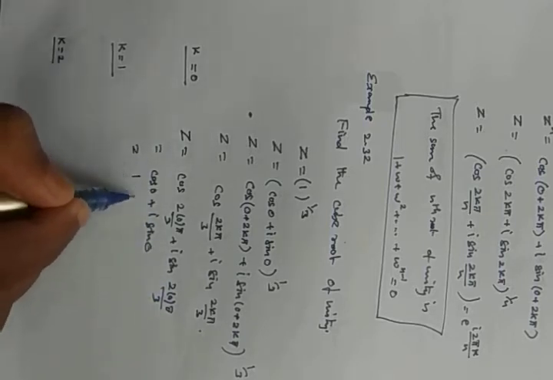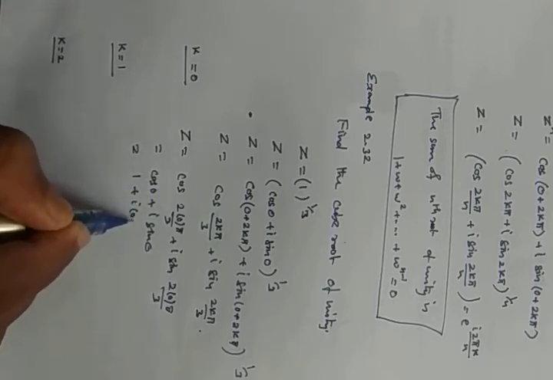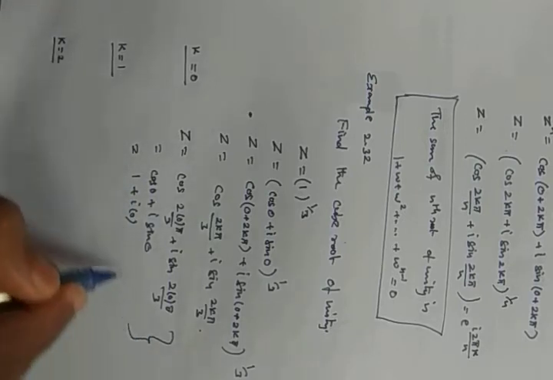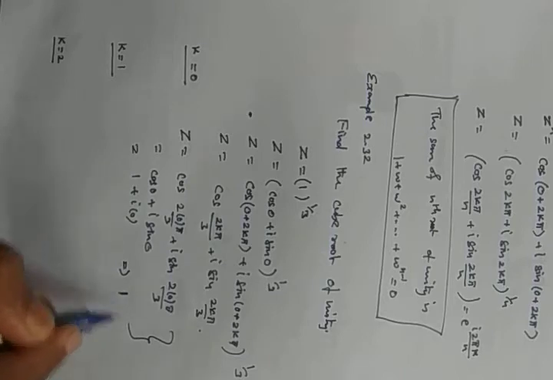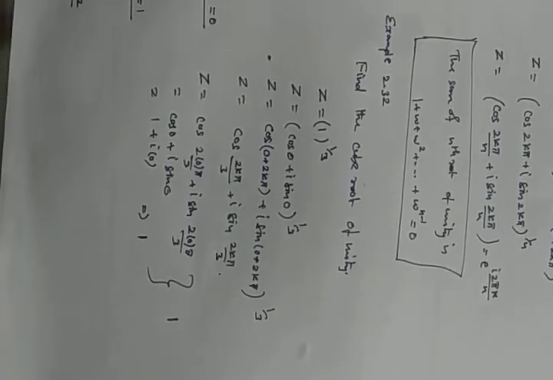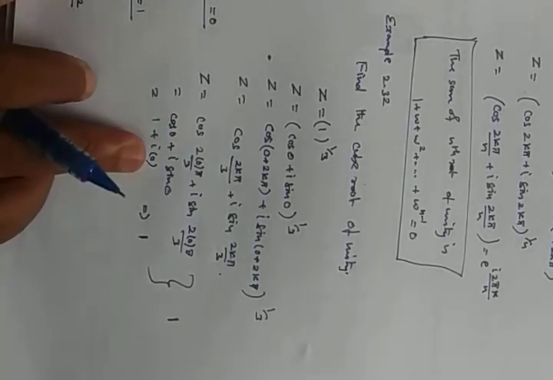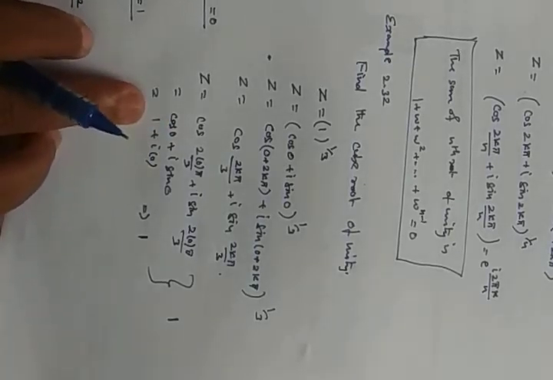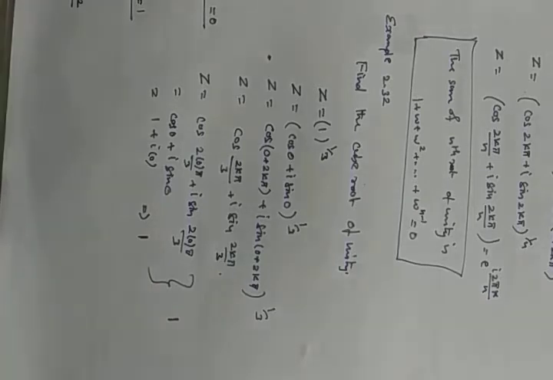You know cos 0 is 1 and sin 0 is 0, so the answer is 1. So one root is 1. When we put k equal to 0, we get 1.